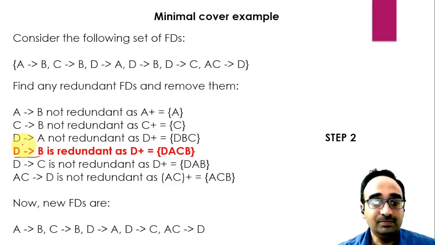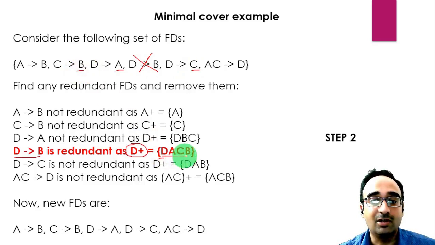Again, calculate the closure of the left hand side. We are finding for this, so remove this. Now find the closure. Since you are finding closure for D, include D first, then from D you are getting C and also A, right? And again from C you are getting B, right?